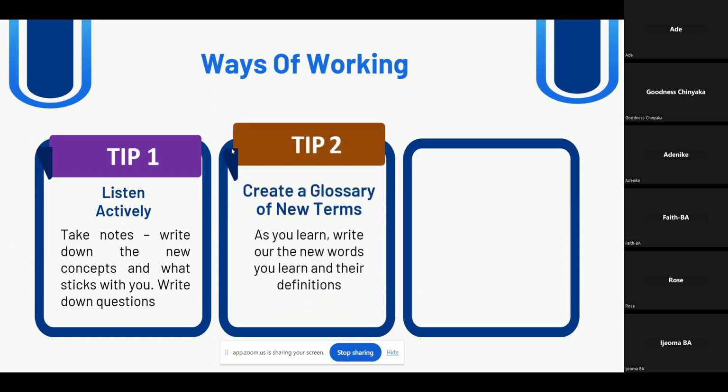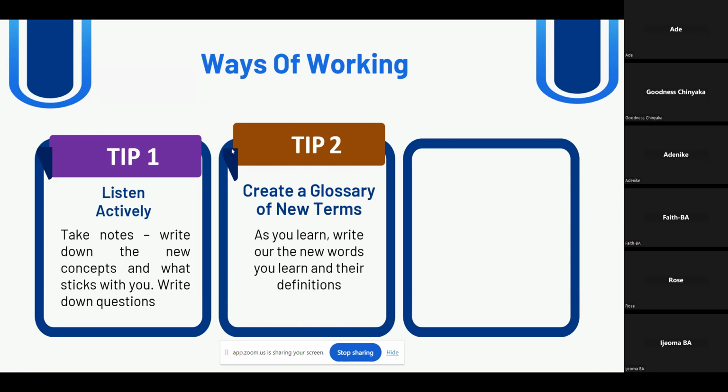And then, like I said, you're going to be hearing a lot of terms. So what you can do is start making a personal glossary of the new terms you're learning. Even things like process map, all these different things you're going to learn. As you learn a new term, a new business analysis term, write it down, and then write down the definition, even if you can't get the definition now, you can go and look it up further down.